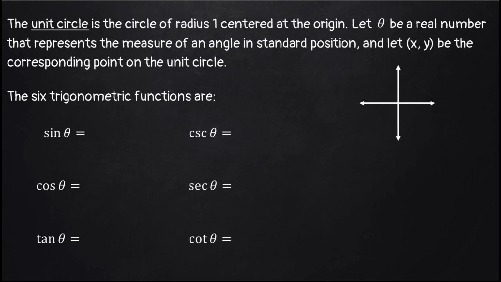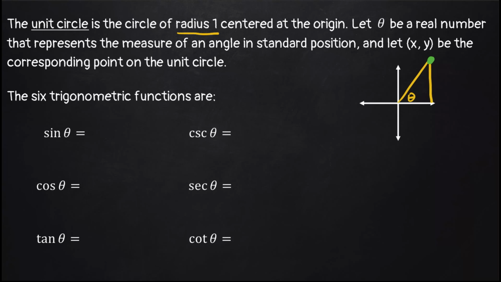So remember that the unit circle is a circle with a radius of 1 and it is centered at the origin. So if we say that theta is a real number, that's an angle. If we make our triangle here, we'll have theta centered at the origin, and we are going to have x, y be the point on your unit circle.